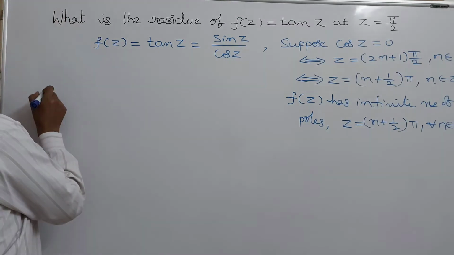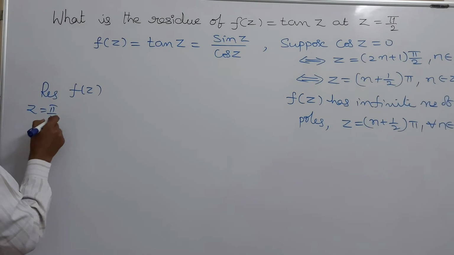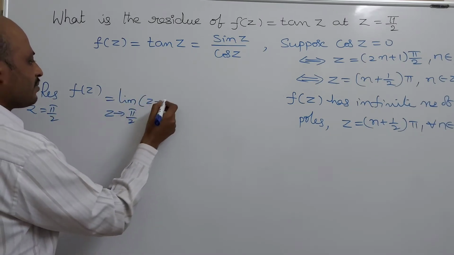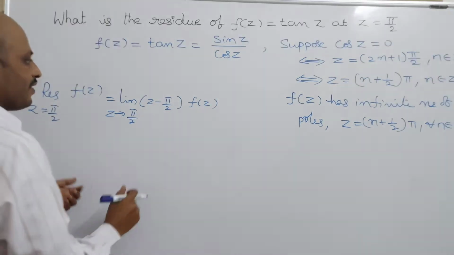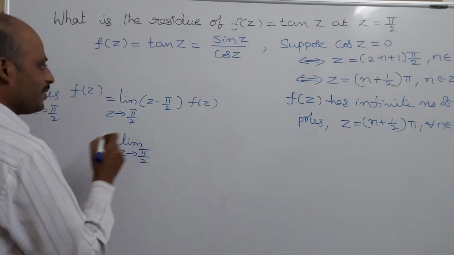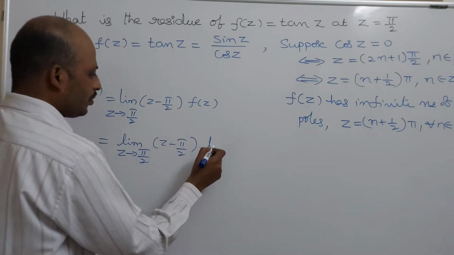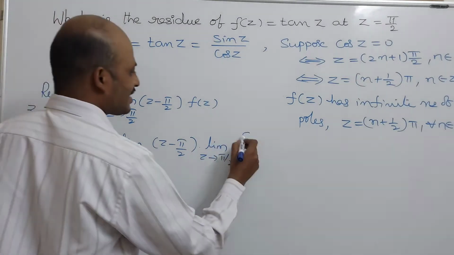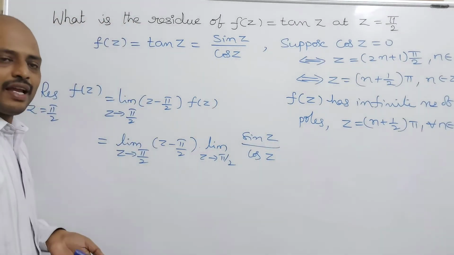So the residue of f(z) at z = π/2 is equal to the limit as z tends to π/2 of (z − π/2)·f(z), which is the limit of (z − π/2) times the limit of sin z divided by cos z.